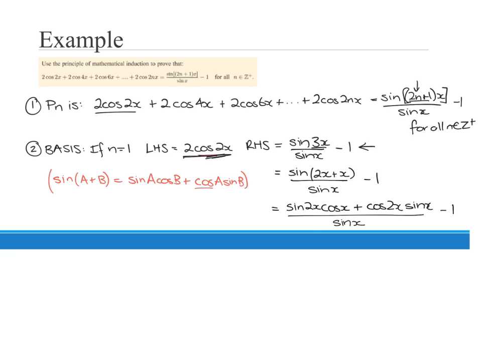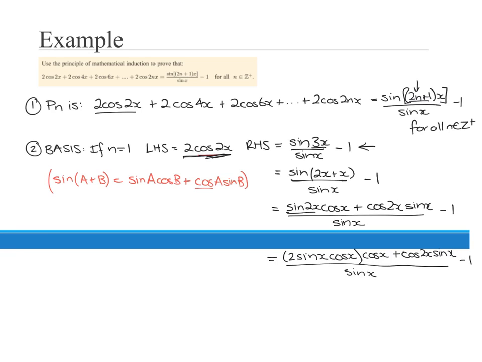Okay. Now, the next thing we're going to do is replace this sine 2x. We can replace that with 2 sine x cos x plus cos 2x sine x, minus 1.